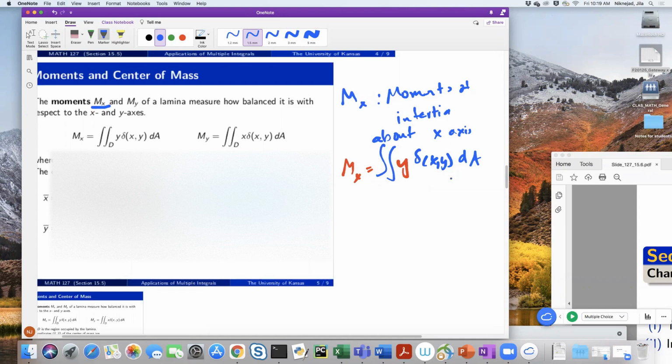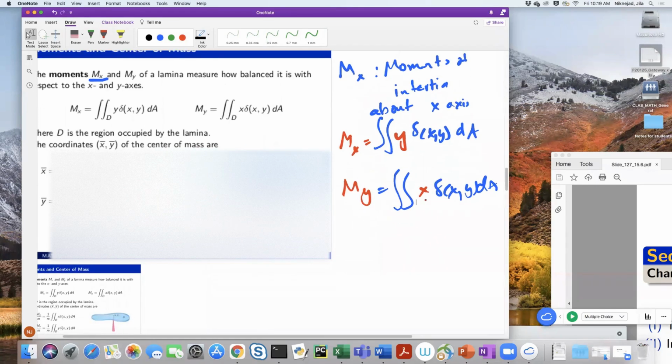And then if I want to find, hold on, that's for the m sub x. Let me write down m sub y. And for m sub y, it reverses, right? So that's the moment of inertia.